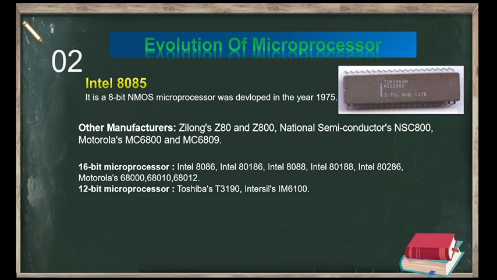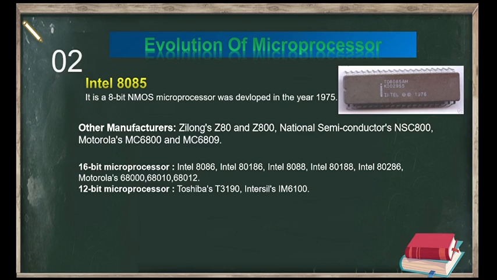In the year 1978, Intel introduced a 16-bit microprocessor, that is Intel 8086. Other 16-bit microprocessors are Intel 80186, Intel 8088, Intel 80188, Intel 80286, Zilog's Z8000, Motorola's 68000, 68010, 68012, etc.